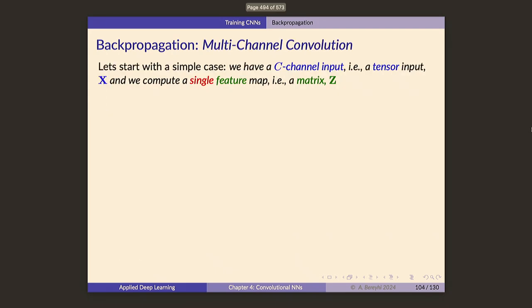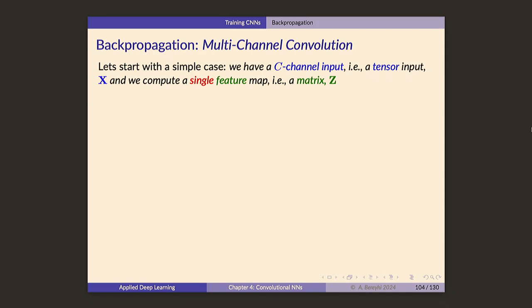So let's just go one step further. The next thing that I'm going to do is consider a C-channel input, but I assume that I have only one channel at the output. So K is now 1, meaning that I have only one filter here, but my filter has C different channels now, right? So it's not map to map, it's tensor to map. Clear?